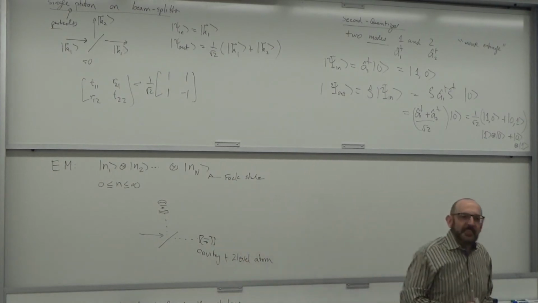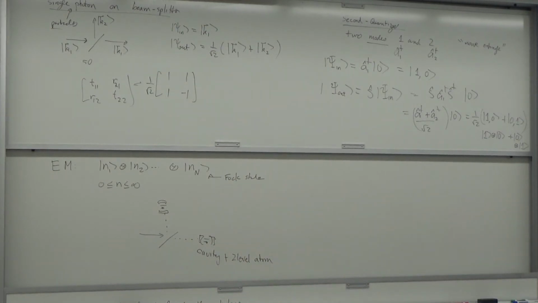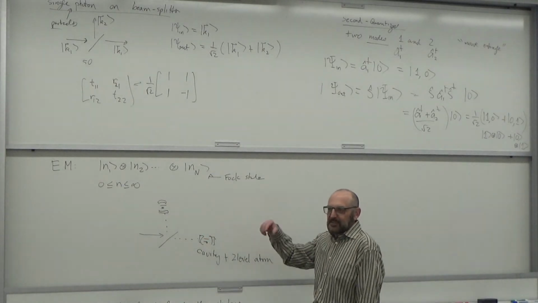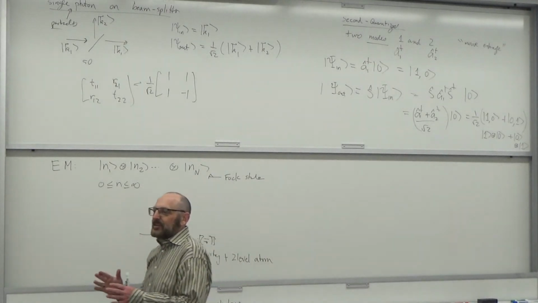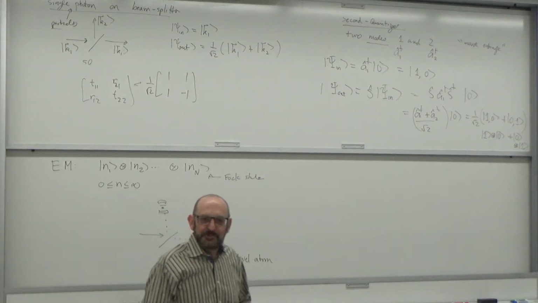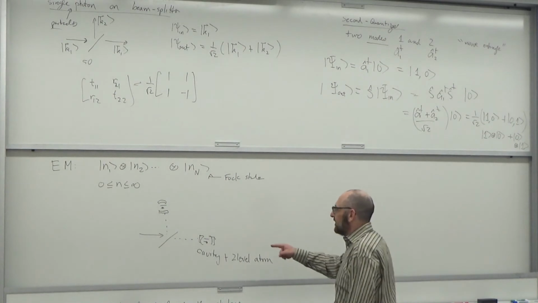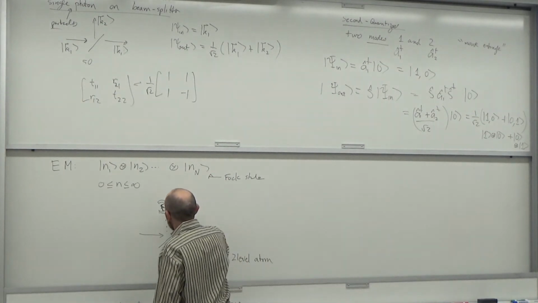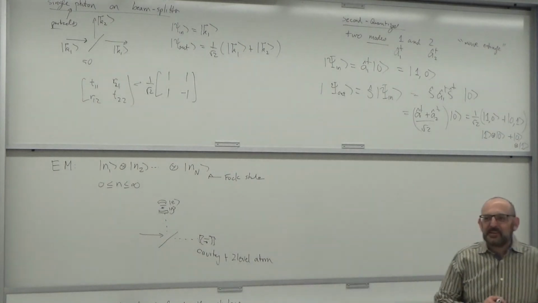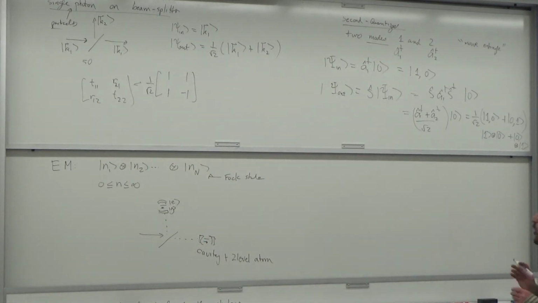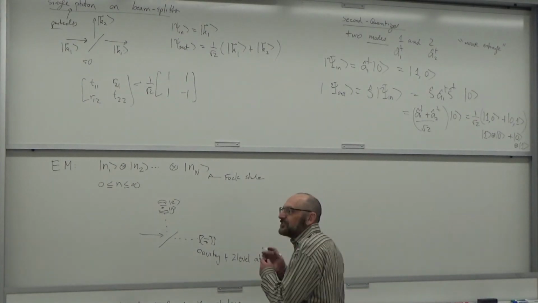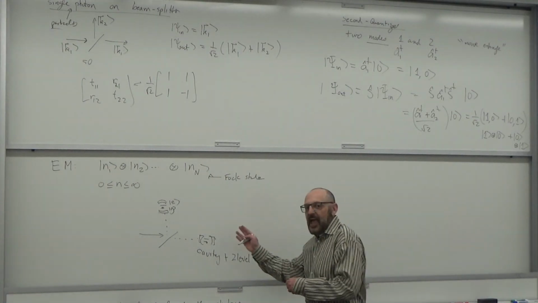Okay? And the cavity is set up such that if a single photon enters it, the photon shape is just such that it does a perfect pi pulse and puts the atom from the ground state into the excited state. Okay? So, what is the state of the system at the end?